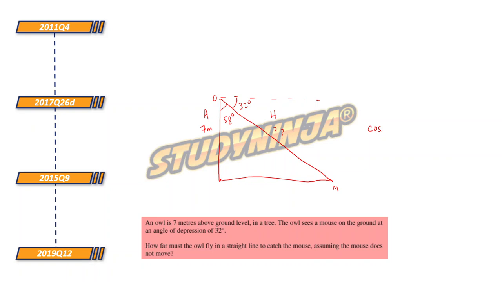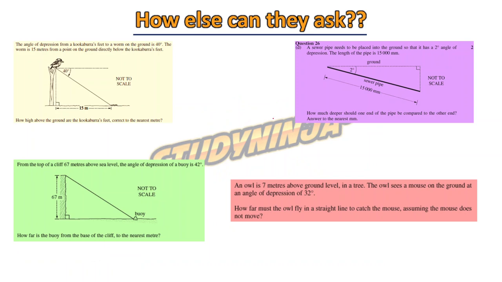So two things you learned here. One thing is, let me go to the next slide actually, how else can they ask? I have put down my options. I've put down all the questions that have been asked. They can pretty much give you all the diagram and ask you any part of the triangle.